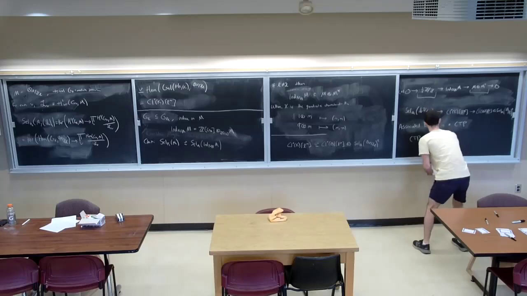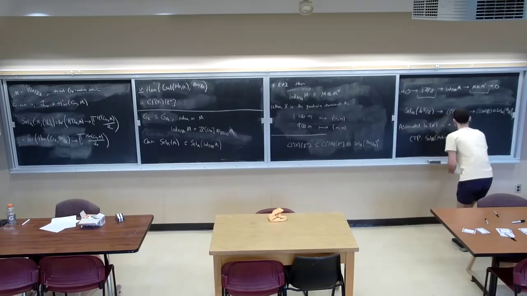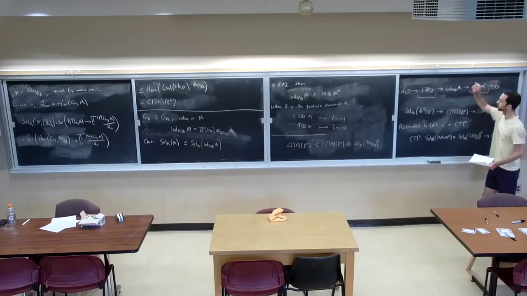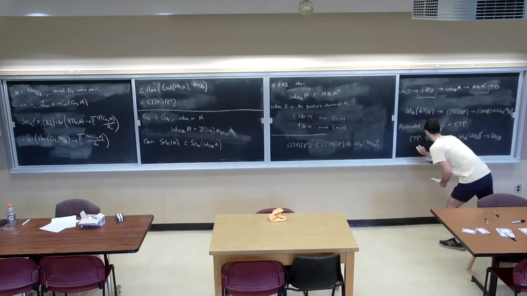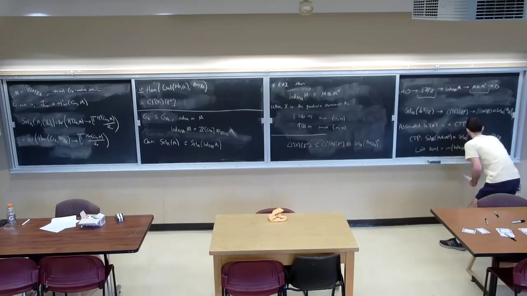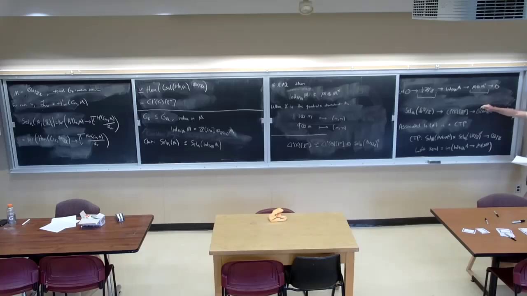It gives me a relationship between this guy and the Selmer group of the dual of this guy, and most notably, the left kernel is exactly the image of this map in here.